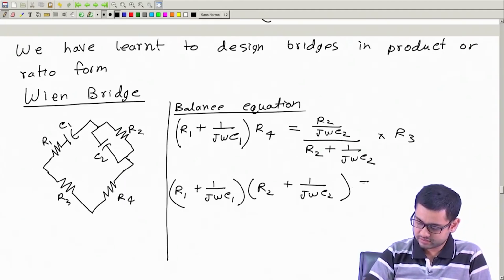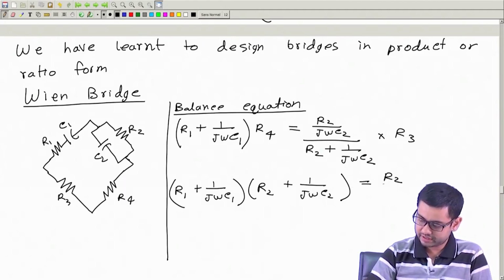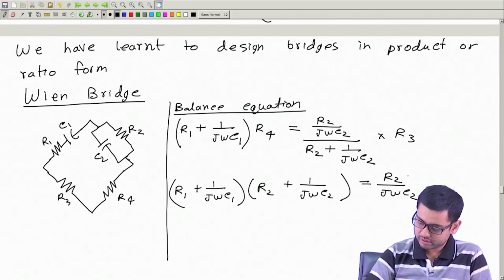Then this I can write R2 by j omega C2 R3, this part, and R4, I missed R4, let me keep R4 here.